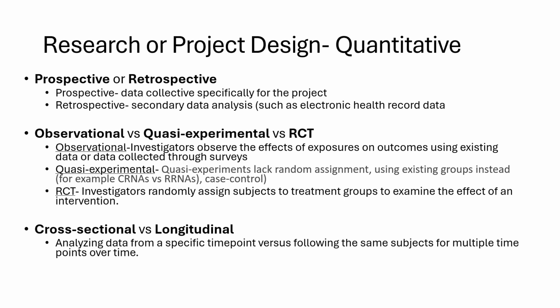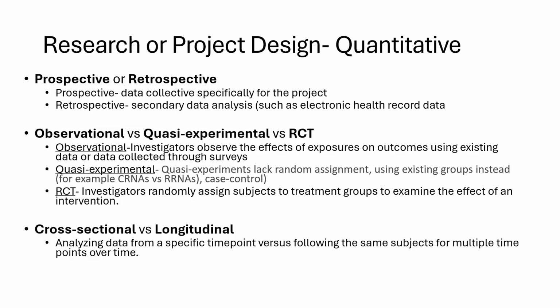So here I've listed the different design types just to give you a description. Prospective just means that you do something at one point in time, and then all of your data that you collected are after that specific moment. Maybe you've implemented a new protocol, and then after that you collect your data.